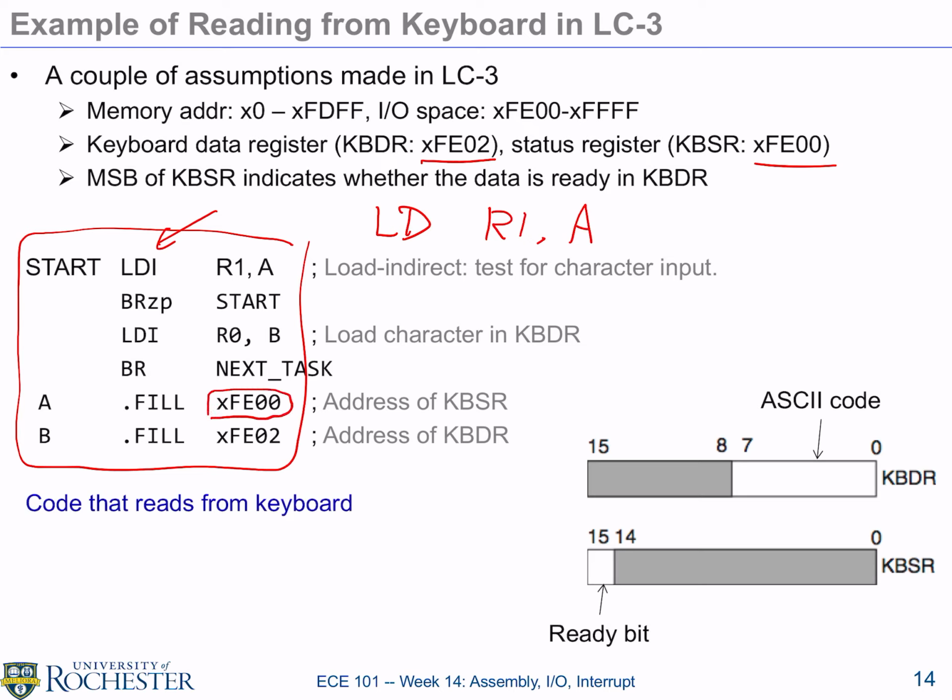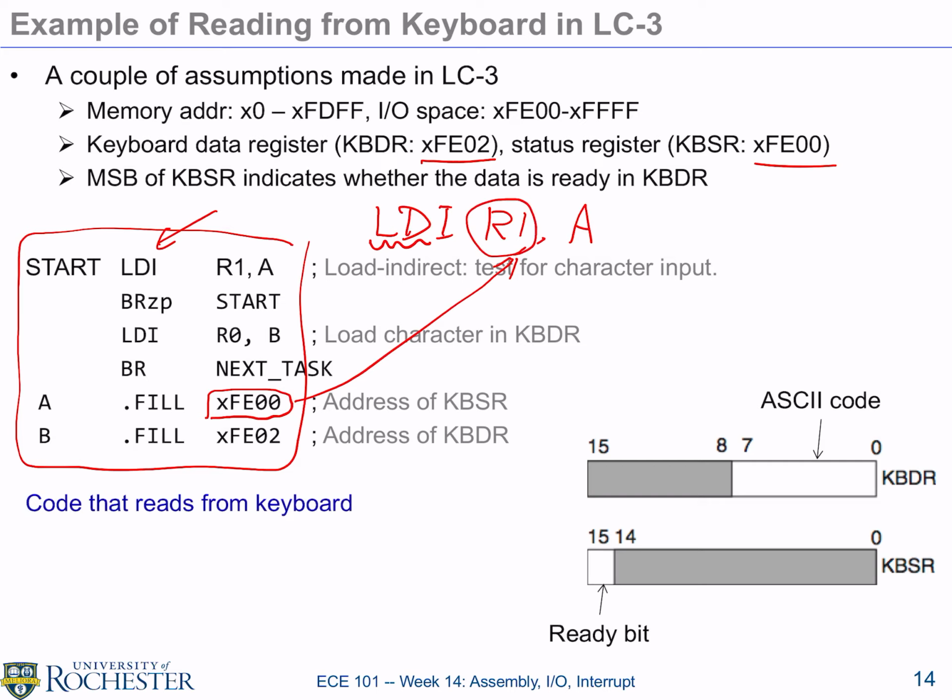So this value would end up in register R1 if I had the instruction load, but I don't. I have load indirect. So what that means is then the address FE00 that was supposed to be in R1, that's not enough. We're going to put it back into the memory address register again to load a second time. That's why it's called indirect.